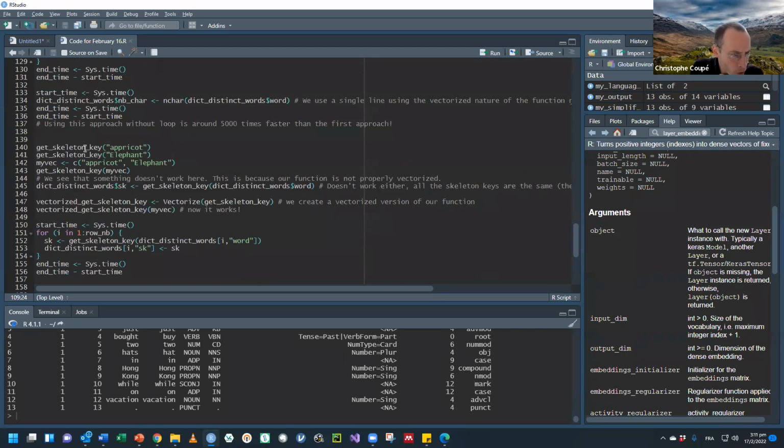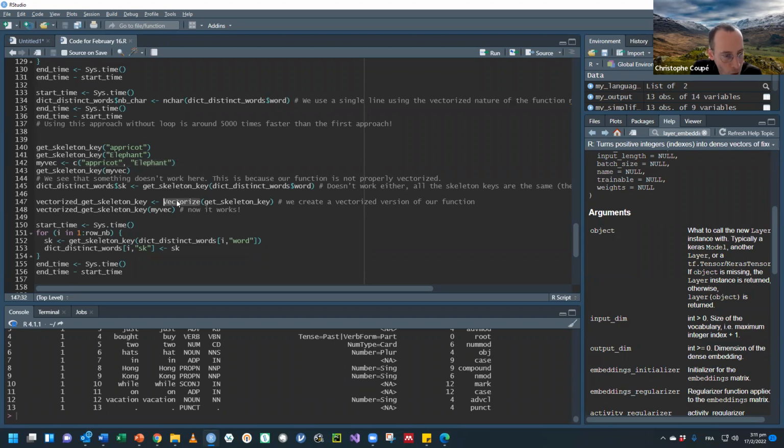What we saw also is that with our function getSkeletonKey, you cannot give it just a vector of elements and get the result straight away. It doesn't work like this because we did not write our function so that it is vectorized.